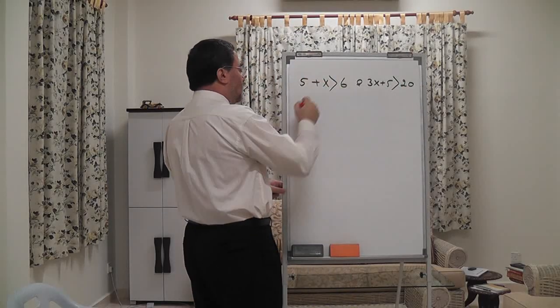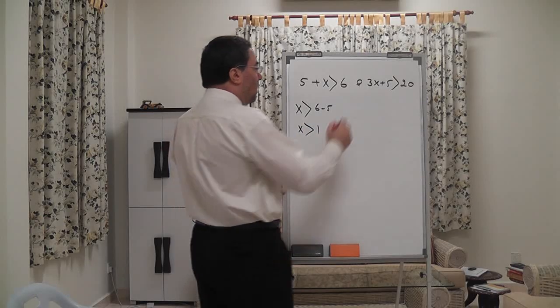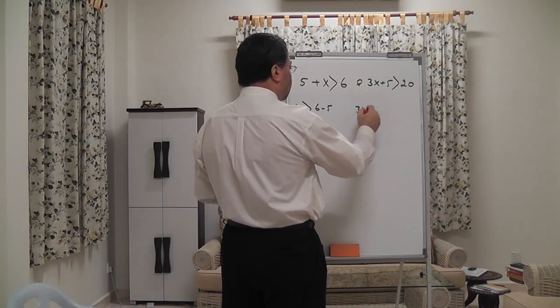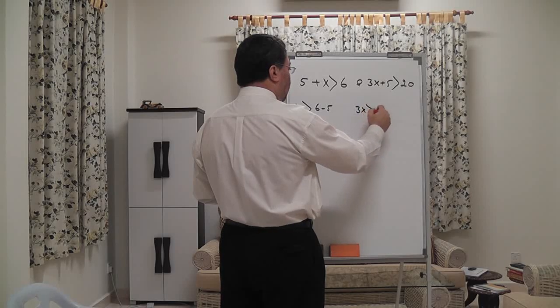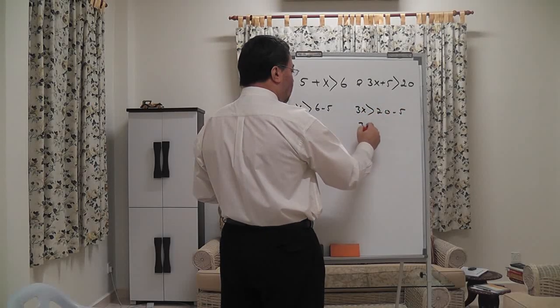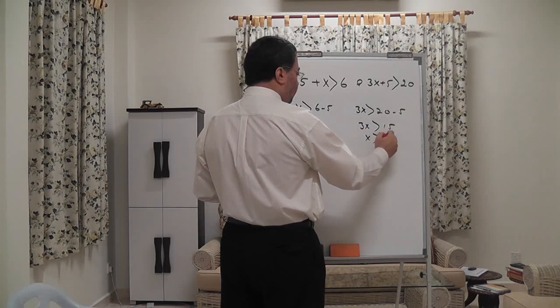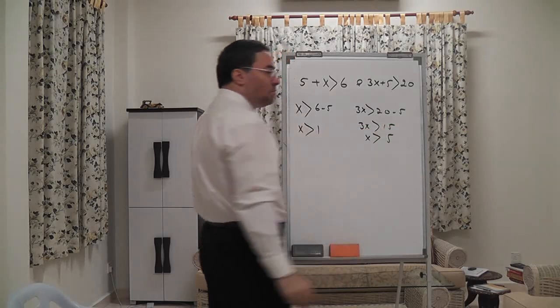We take the 5 to the other side, so we get x more than 6 minus 5, and so x is more than 1. Here, 3x, we take 5 to the other side, more than 20 minus 5, and we get 3x more than 15, and x more than 5. Dividing both sides by 3.